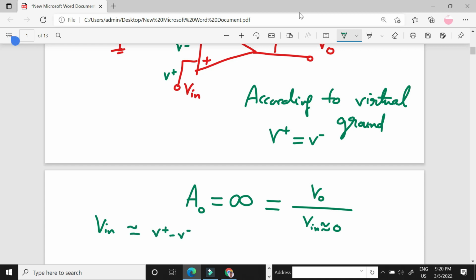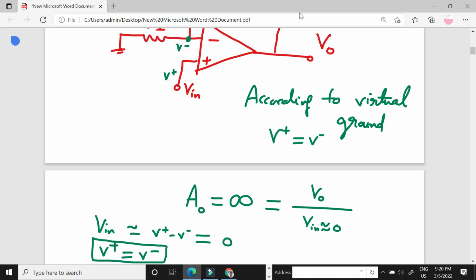If the input is 0, then V positive is equal to V negative, and this is known as the virtual ground concept, and it is applicable only for an ideal operational amplifier. And sometimes we see in the textbooks infinity, and infinity indicates open loop gain.